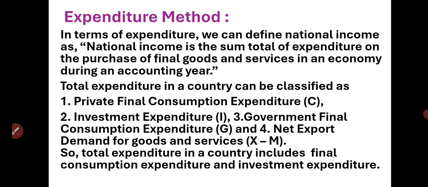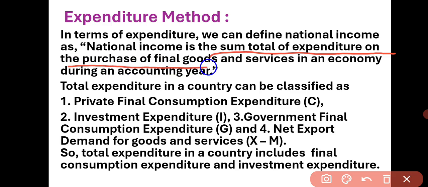In terms of expenditure, we can define national income as the sum total of expenditure on the purchase of final goods and services in an economy during an accounting year. National income is the sum total of expenditure. What are the expenditures?